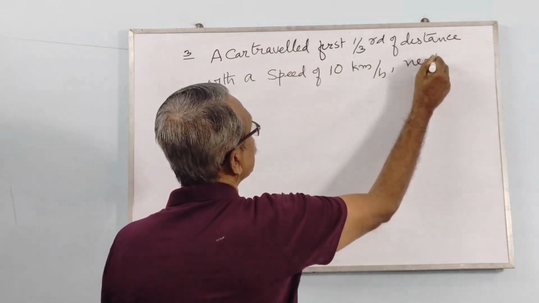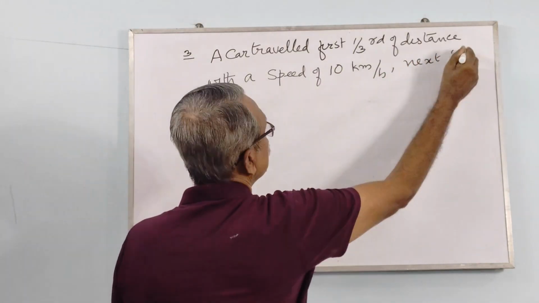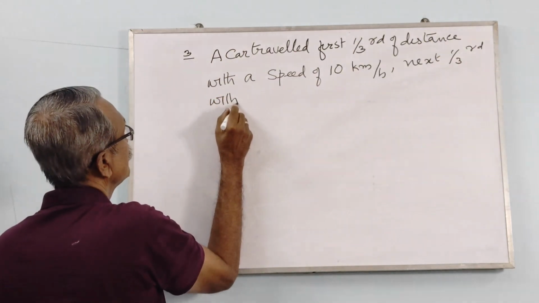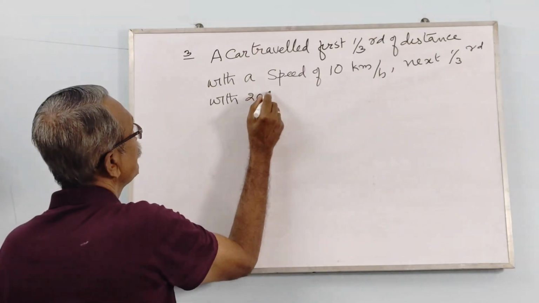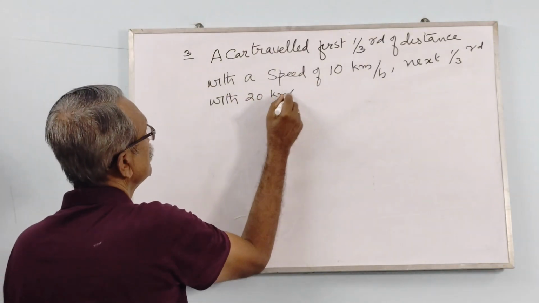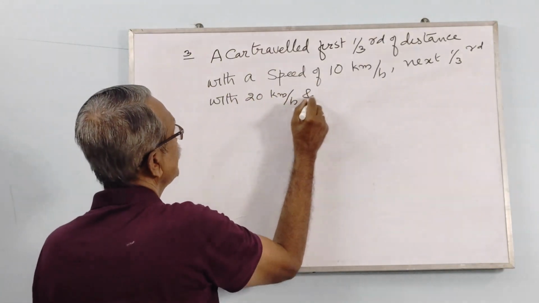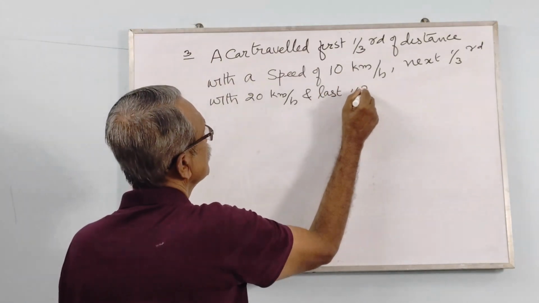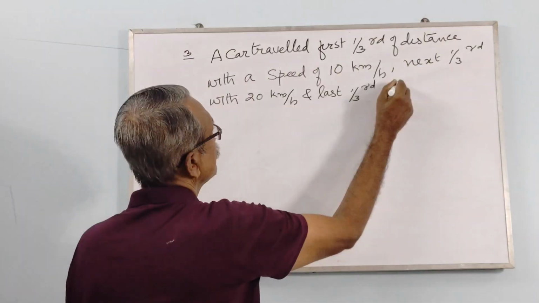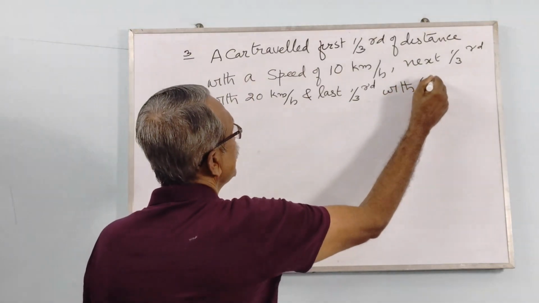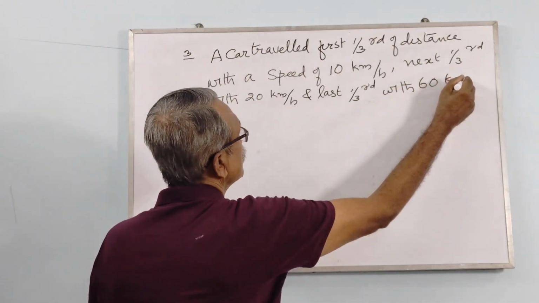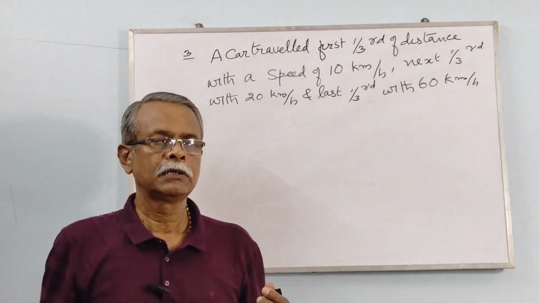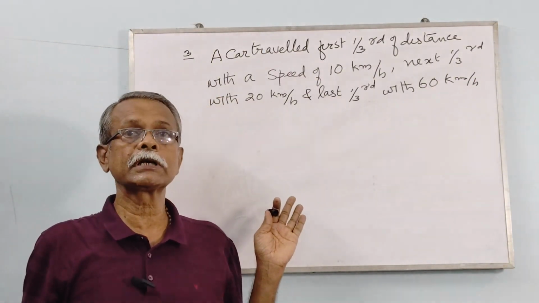Next 1/3 with 20 kilometer per hour, and last 1/3 with 60 kilometer per hour. And we know that this can be easily done using our shortcut trick.